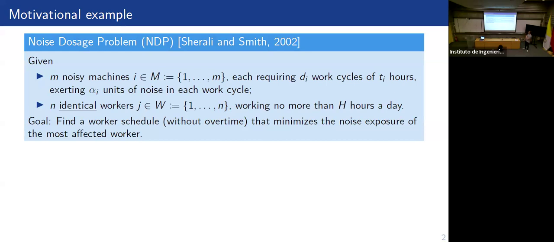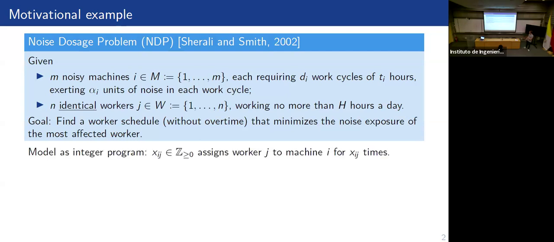The workers work no more than 8 hours in a day, and the machines need to be operated a certain number of times, d_i. If they are operated, that will take a certain amount of time, and the worker is exposed to a certain amount of noise. We would like to find a worker schedule so that the worker that is worst off in terms of noise receives the lowest amount of noise possible.